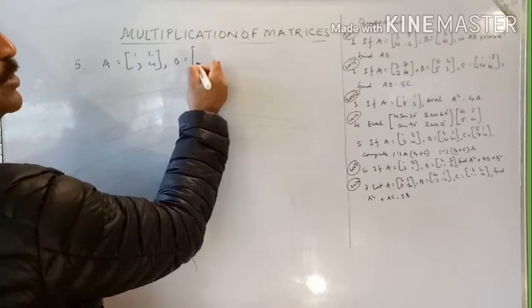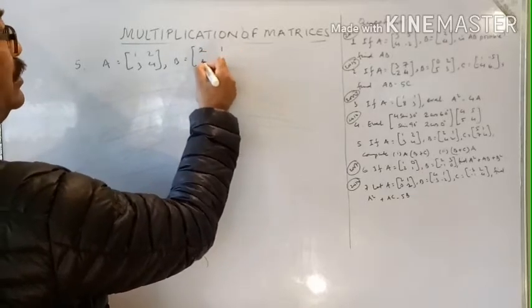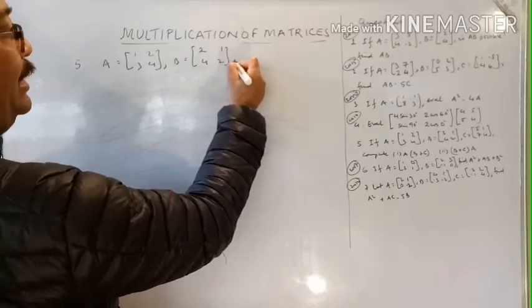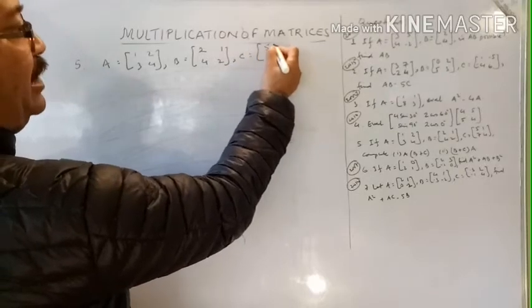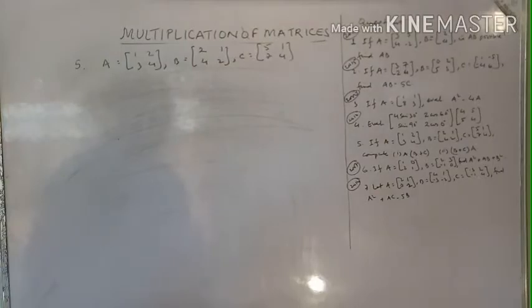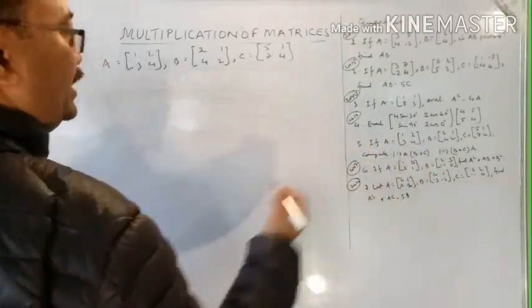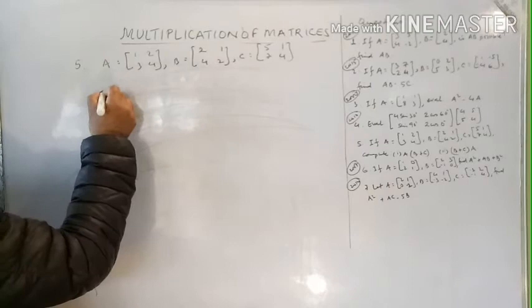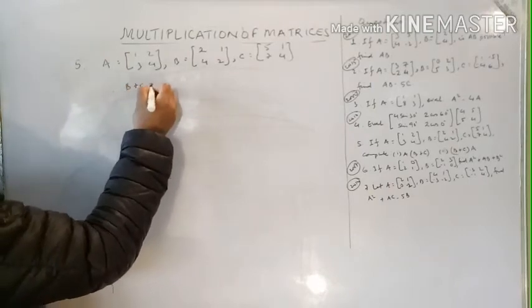B has elements 2, 1, 4, 2, and C has elements 5, 1, 7, 4. It has two parts. First, A into B plus C, and second part is B plus C into A. Since we have to multiply A and the sum of B and C, first find B plus C.